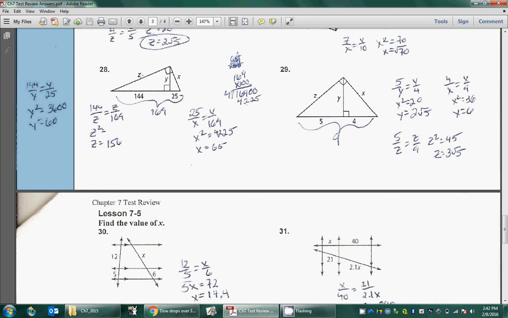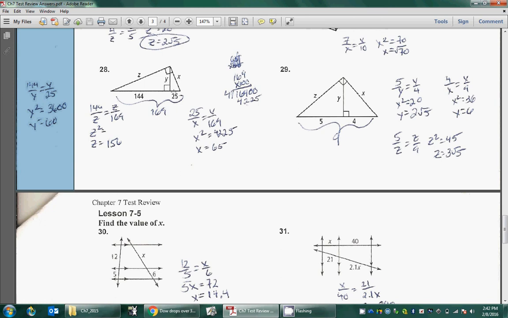For z, it touches the side of 144. Doesn't touch the side of 25, so instead I've got to use the whole thing of 169. So 144 times 169 is some big number. When I go to take the square root, I get 156. Okay.